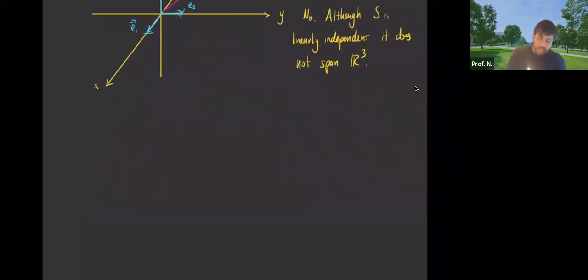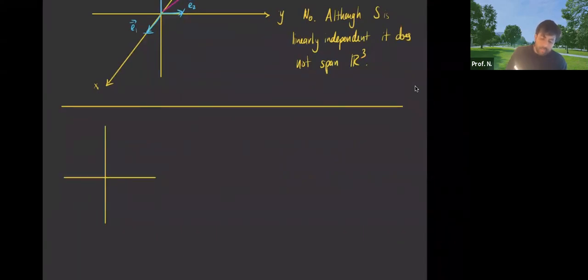So I'm gonna give you an example in R2. So let's go back to R2. I have E1, I have E2, and then I have a vector somewhere out here.